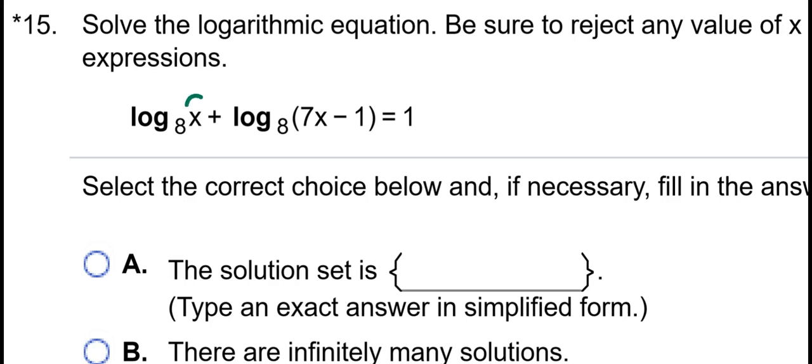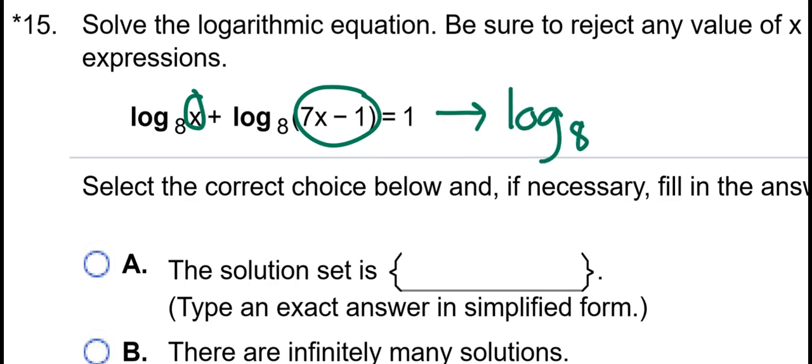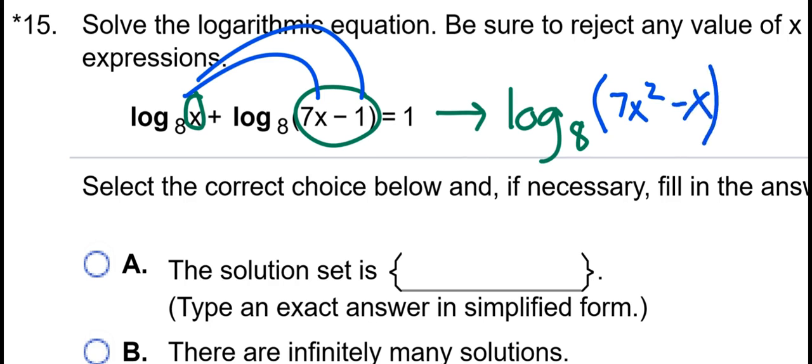What am I supposed to do with the x and the 7x minus 1 to make a single logarithm? Distribute. Multiply them together, which does cause distributing amongst that. So, not wrong answers there because this will get distributed to both of those. So that gives me 7x squared minus x equals 1. Now we have a single logarithm.